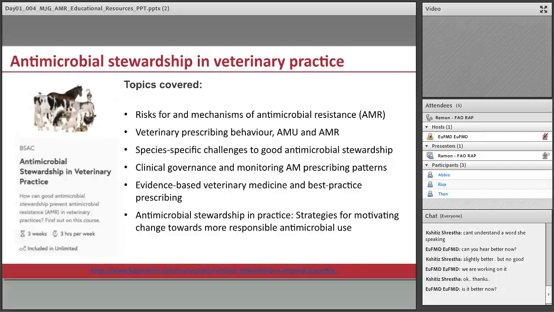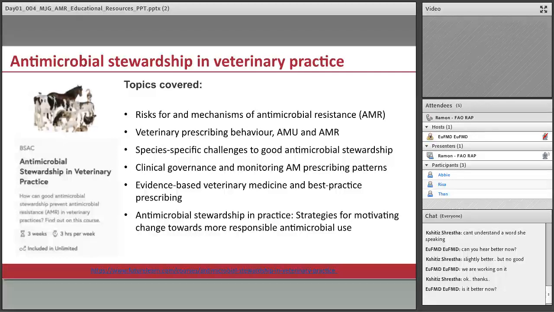Clinical governance and monitoring antimicrobial resistance patterns, evidence-based veterinary medicine and best practice prescribing, as well as antimicrobial stewardship practice, strategies for motivating changes for responsible antimicrobial usage. Sometimes countries do this through governance, through legislation, through legal tools, but it's difficult to force people to do things.